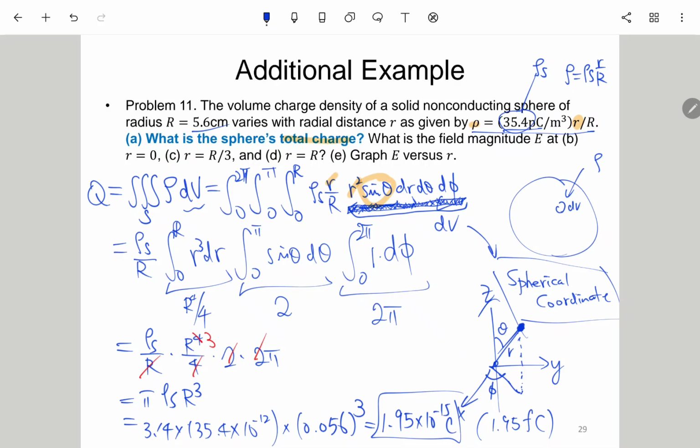And finally, because all these three functions are independently multiplied by each other, this triple integral can be separated into 3 independent single variable integrals, so the calculation of each of them will be very easy.